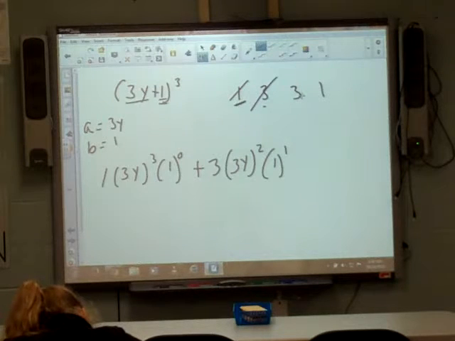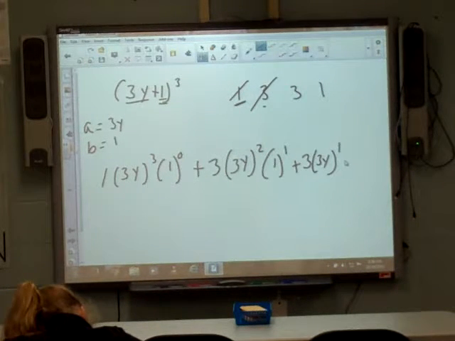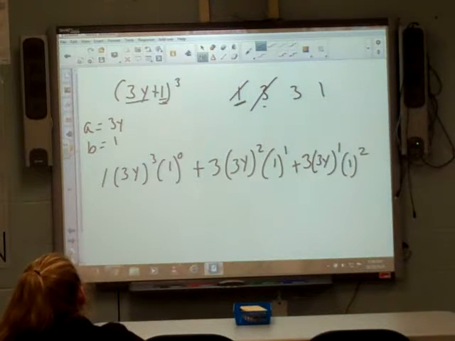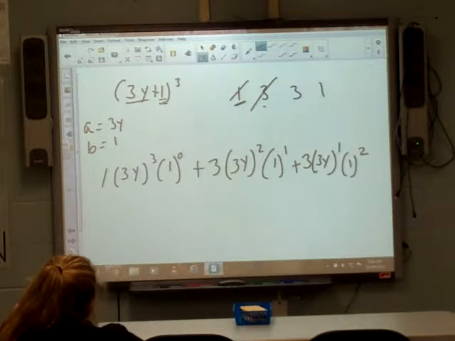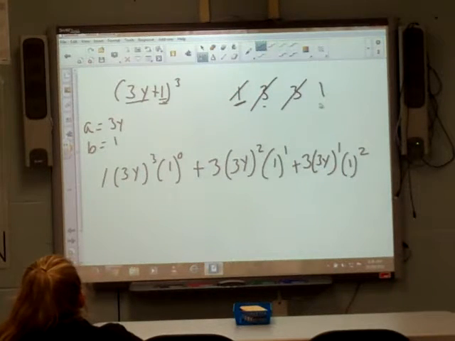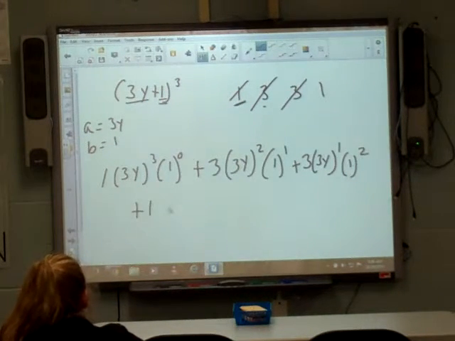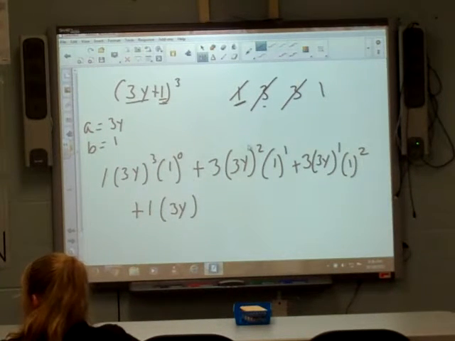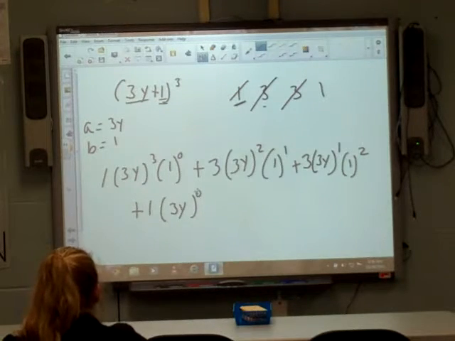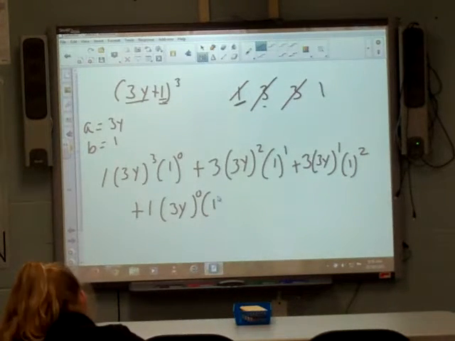Now my next coefficient's a 3 again, so plus 3 times A to the first, times B to the second. Done with that 3. Now I've got a 1 left, so plus 1 times A to the 0 times B to the third.